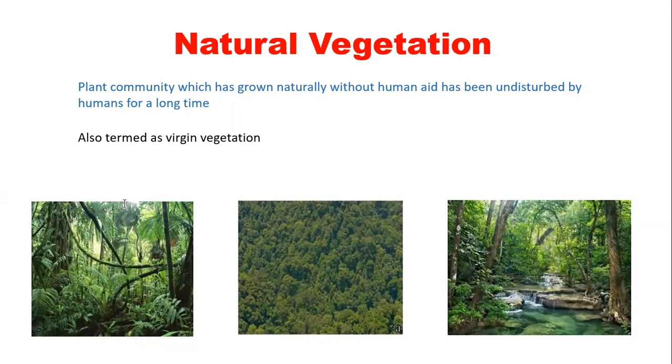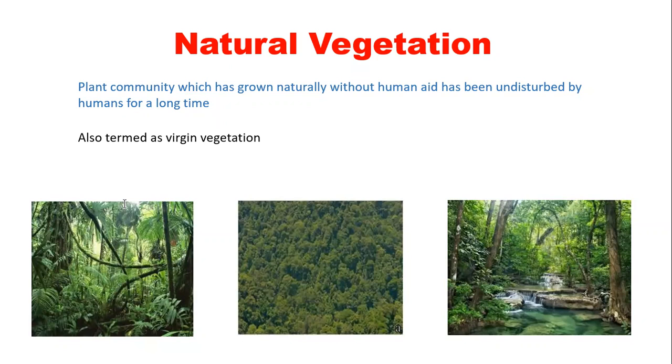So, cultivated crops and fruits, orchards, they form a part of vegetation, but they are not natural vegetation, because natural vegetation has to be natural without any human aid, and it has to be left undisturbed. That means you are not supposed to trim it, you're not supposed to give any pastures, manures, water, nothing.